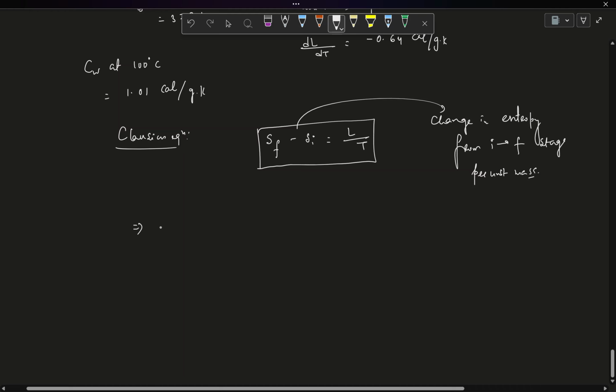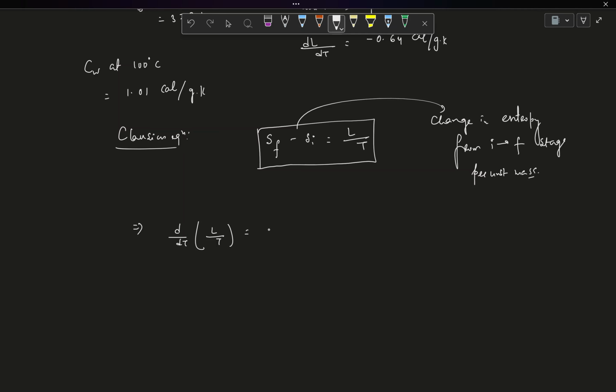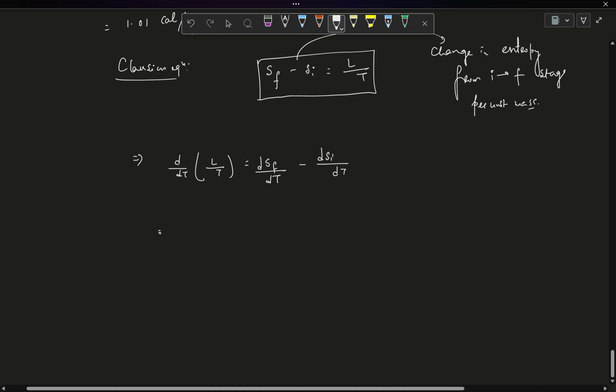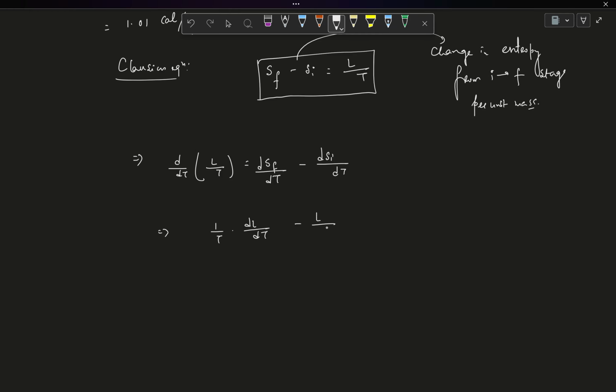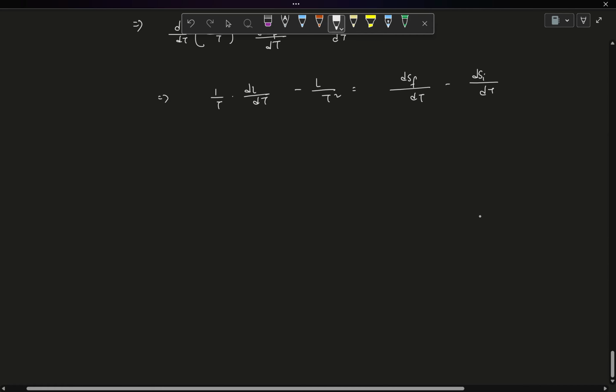Okay, so then d/dT of L by T is equal to, taking the temperature derivative, dSf by dT minus dSi by dT. So this is 1 by T dL/dT minus L by T square, which equals dSf/dT minus dSi/dT, right?